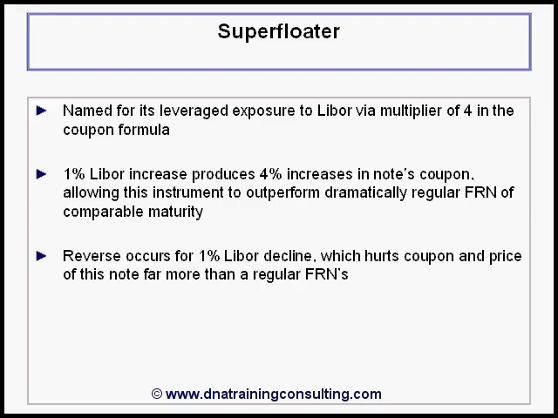But of course the reverse is true as well, meaning that a 1% decline in LIBOR would reduce the coupon under the superfloater by 4 percentage points, which would hurt the investor's coupon and hence its price far more than under a regular FRN.